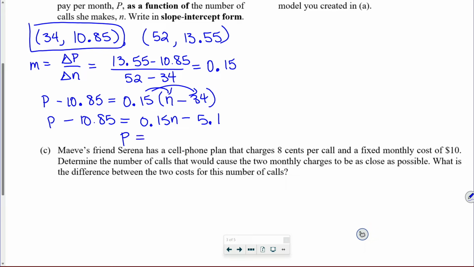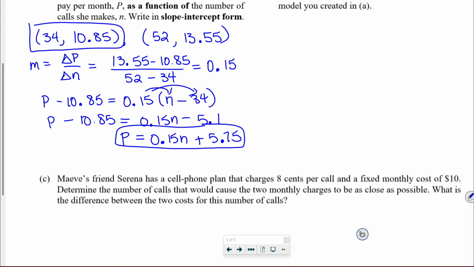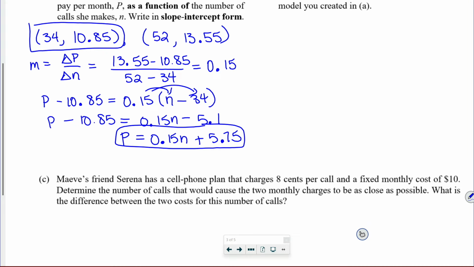I can now add that 10.85 to both sides, and I'll get P equals 0.15N plus 5.75. I'm sorry, I barely got that model in there. Maybe I can unlock this a little bit, drag it down, give myself a little more room, and then we'll lock that right back up so it doesn't move around on us.